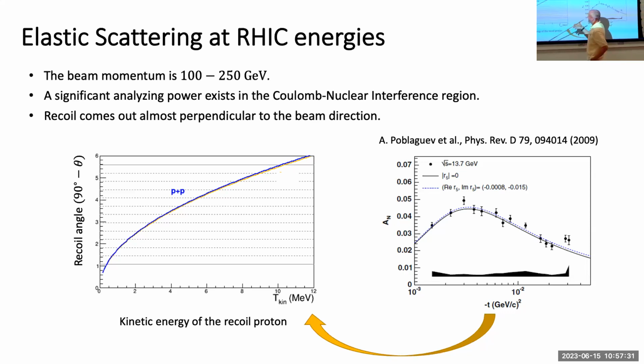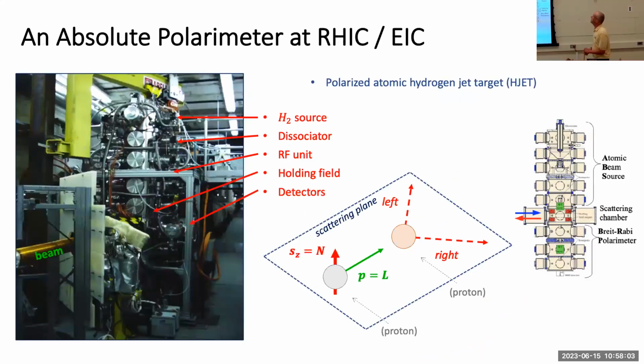So the momentum transfer, the kinetic energy of the recoil, is really small. It's on the order of a few MeV. And the recoil angle is very, very close to 90 degrees. So this is 90 minus the polar angle. So it's between 1 and maybe 4, 5, 6 degrees for a recoil energy of 10 MeV. And that's what you try to measure in the polarimeter to determine the beam polarization.